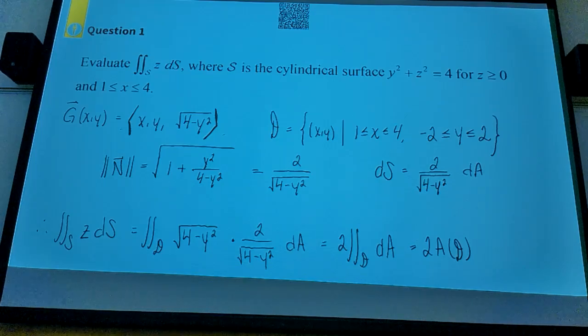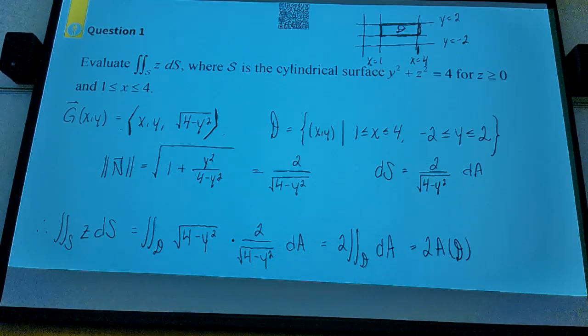Cylinder. What region? What kind of region is that?